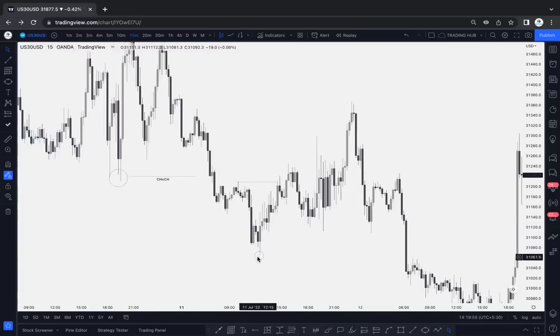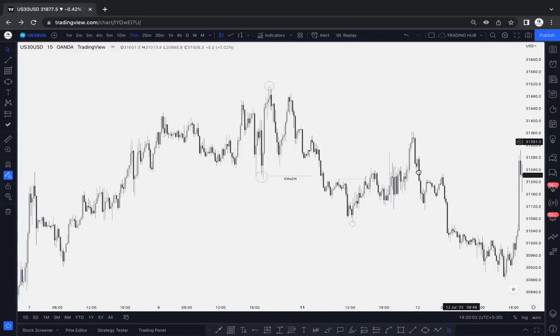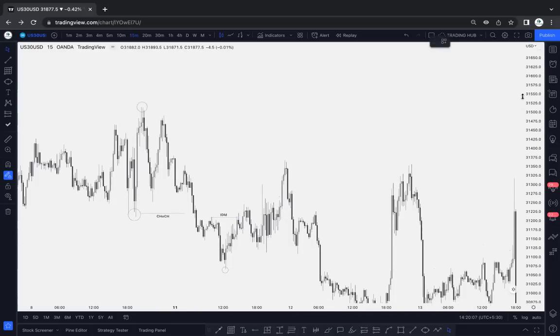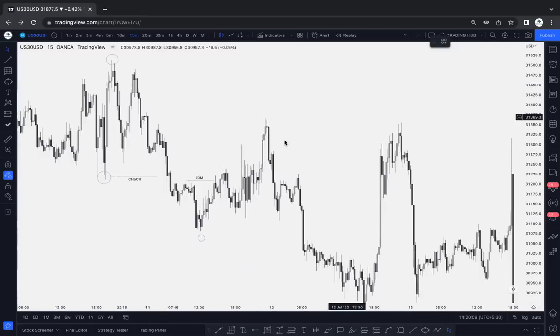So our actual structure is here. This one is called inducement. The CHoCH and market structure move something like this. When the market broke the first high, this low is confirmed, and this one is called inducement.